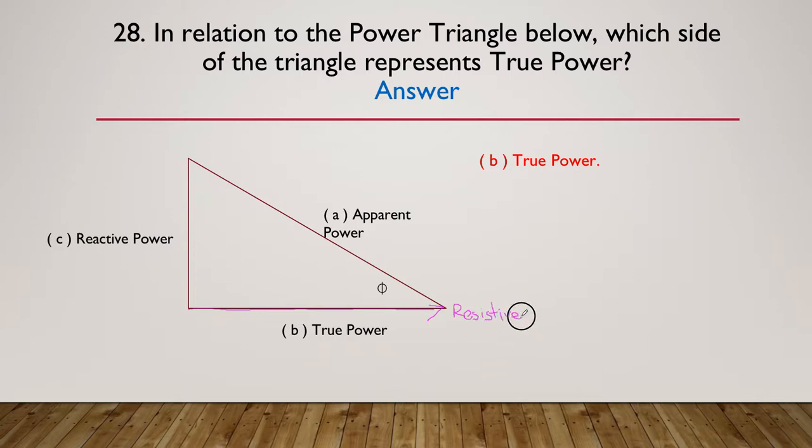So this is the resistive component. It's the true power all day, every day. This is the true power. So obviously at 90 degrees to that you get the reactive power, and the hypotenuse of the power triangle, of course, is the apparent power.